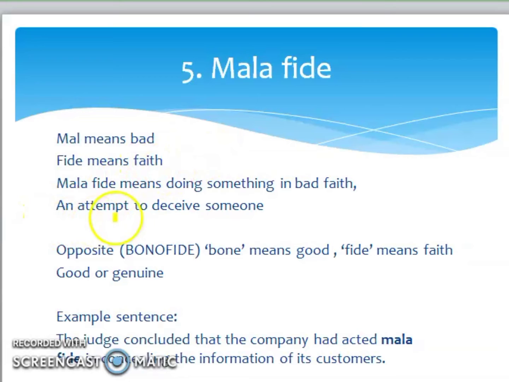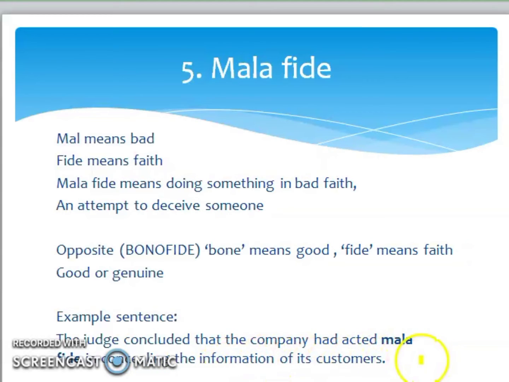So someone who is deceiving others, or someone who does something bad, is a malafide. Example sentence: The judge concluded that the company had acted malafide in concealing the information of its customers.